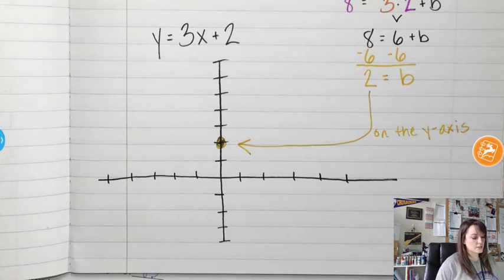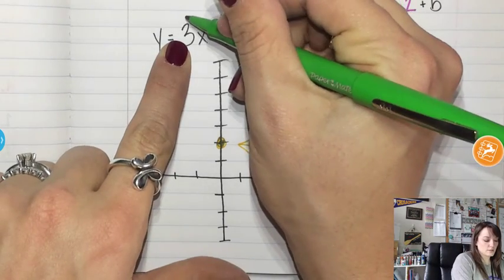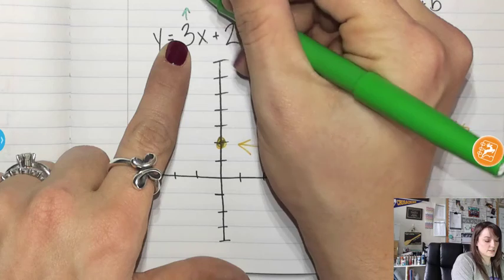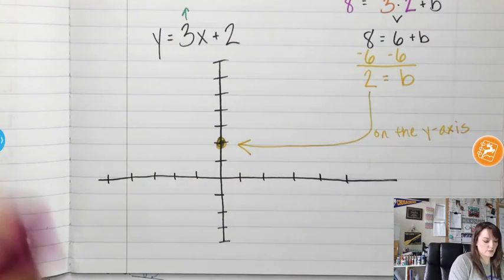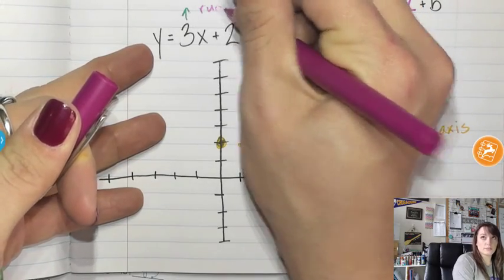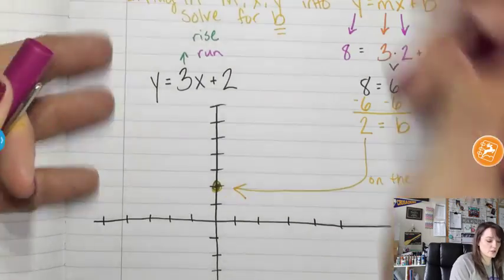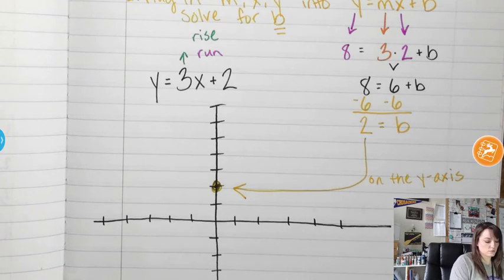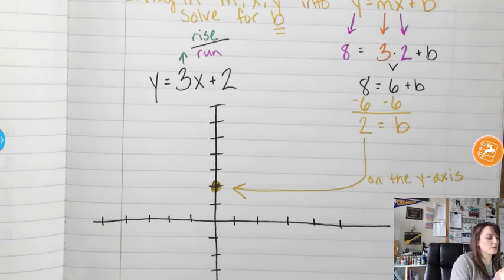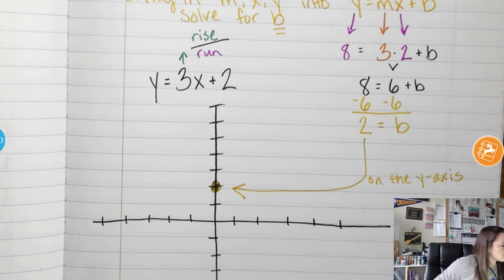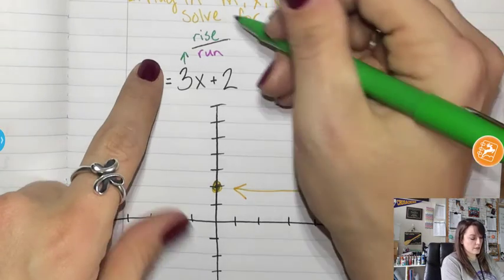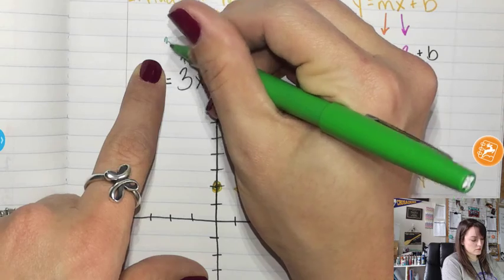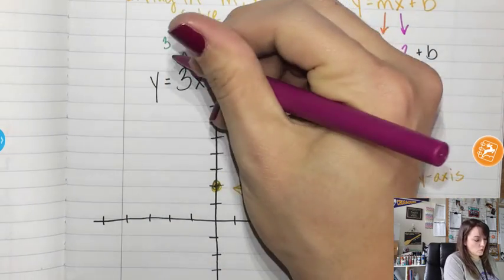Now I know that slope 3, this is rise over run. But it's a whole number. How can I write 3 as a fraction? 3 over 1. So this is going to be rise 3, run 1.